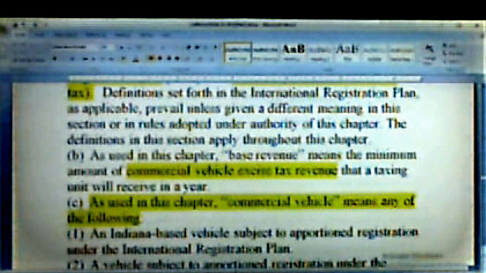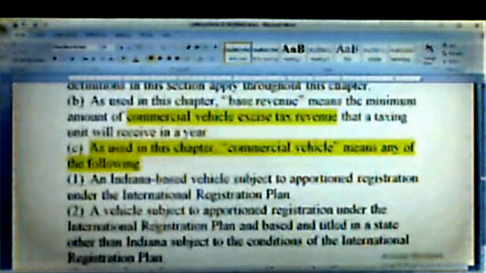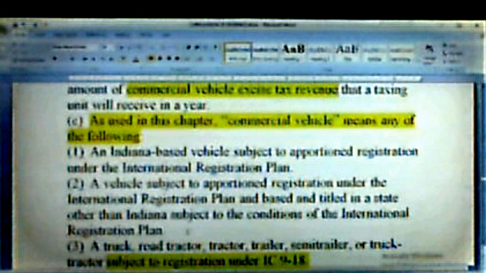And it says, as used in this chapter, commercial vehicle means any of the following. An Indiana-based vehicle subject to a portion registration under the International Registration Plan. A vehicle subject to a portion registration under the International Registration Plan and based and titled in a state other than Indiana, subject to the conditions of the International Registration Plan, right?